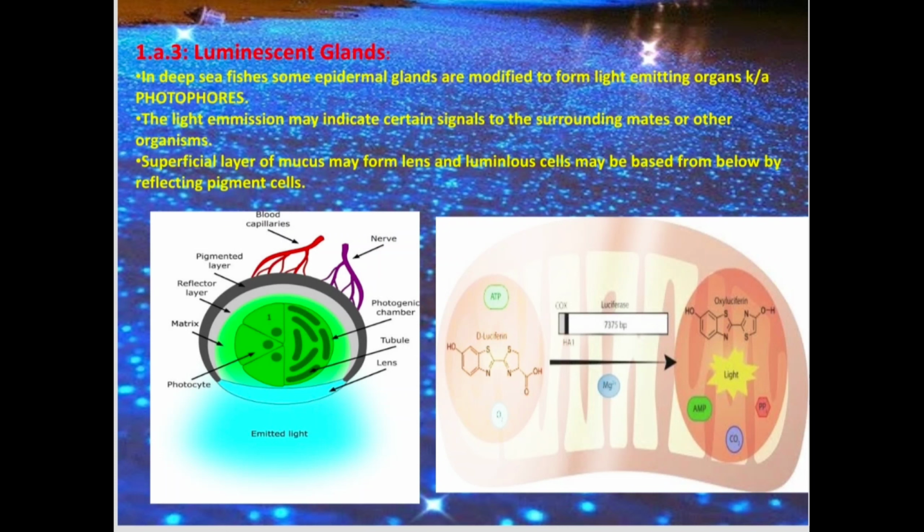The light emitting may not be continuous. This is flashed on and off by the sympathetic nerves. The chemical luciferin, in the presence of the enzyme luciferase, oxidizes to oxyluciferin, and this oxyluciferin is luminescent in nature. It produces light. This luminescence is an adaptation in dark, deep oceans, and it is the means to communicate with the mates or the surroundings.